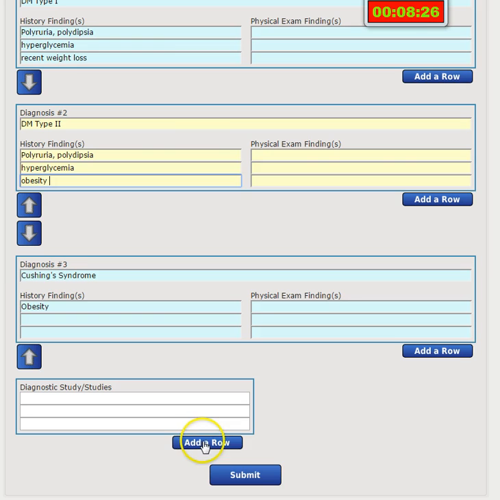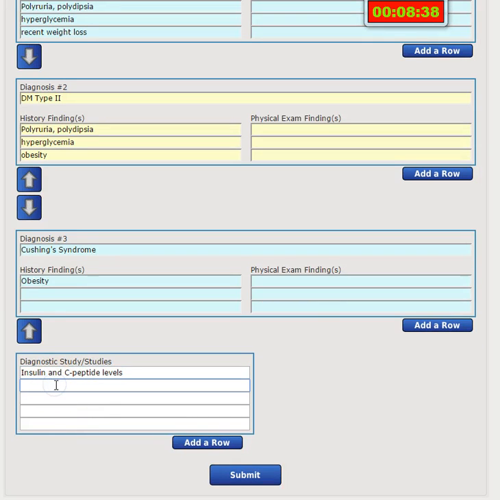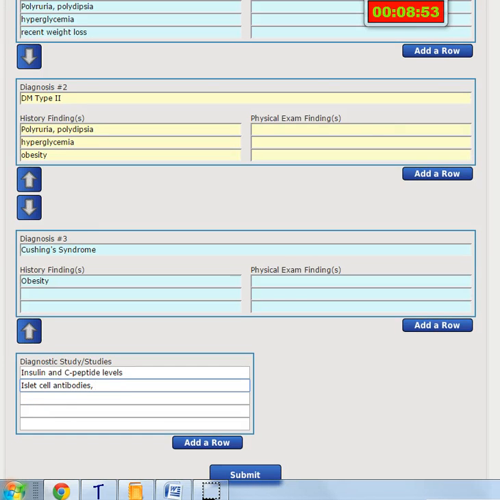So laboratory, what we're gonna do? We're gonna do insulin and C-peptide levels. Second, we need to check for islet cell antibodies, specifically anti-islet cell antibodies or anti-glutamic acid decarboxylase antibodies.